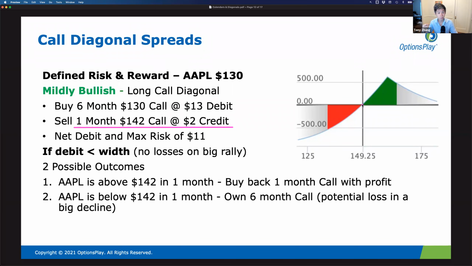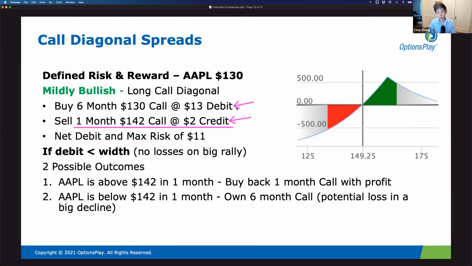With the diagonal spread, if the stock doesn't move, you might actually see some actual gains because, again, that 1 month call option could decay faster than the 6 month call option. So maybe you collect $2 on the 1 month call, but on the 6 month call, you only lose $1.50 in time premium. That gives you a net credit of 50 cents. So even if the stock doesn't move, you are actually making profits.